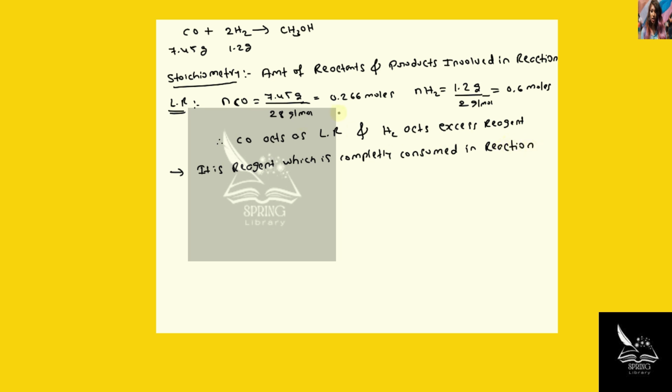Here 0.266 moles of carbon monoxide is completely reacted with 0.266 moles of hydrogen out of 0.6 moles. So the moles of carbon monoxide are completely involved in this reaction, but the moles of hydrogen are not completely involved. Out of 0.6 moles, only 0.266 moles are involved in this reaction.